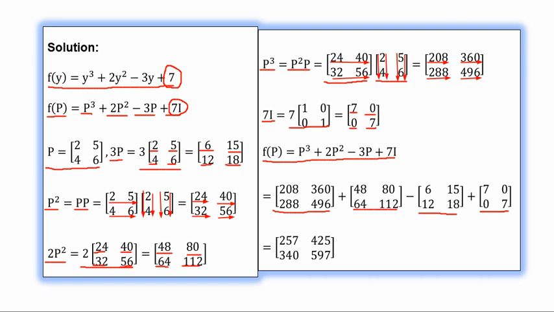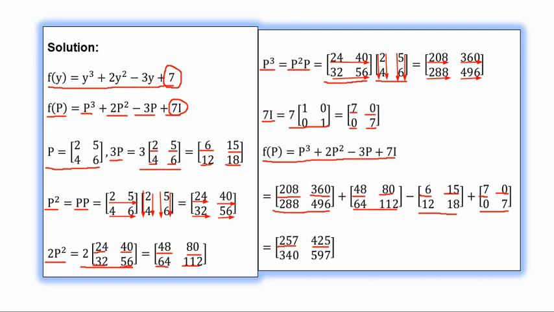You take entry by entry when you are adding. So you have 208 plus 48 minus 6 plus 7, that is 257, followed by 360 plus 80 minus 15 plus 0, you have 425.